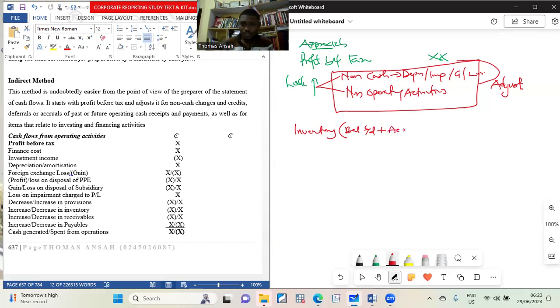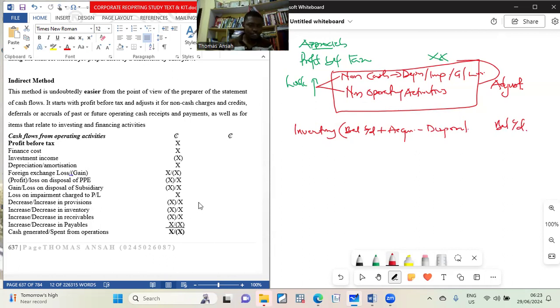If you dispose, meaning you lose control, the inventory wouldn't be yours anymore, so you subtract. Once finished, you compare it to your closing balance, and you see if it's an increase, it is an outflow. That is how you do all your working capital, which we did in the first part of cash flow.